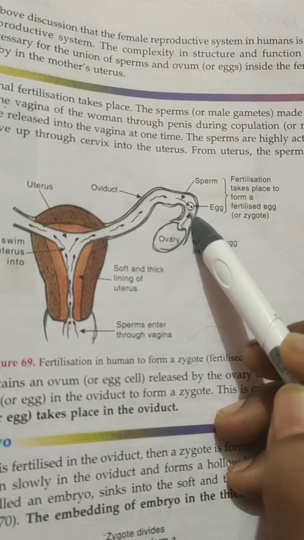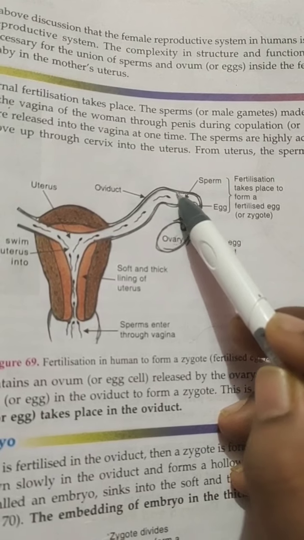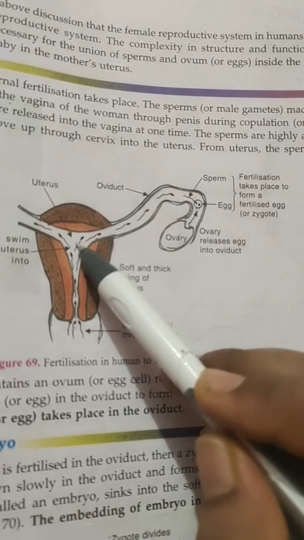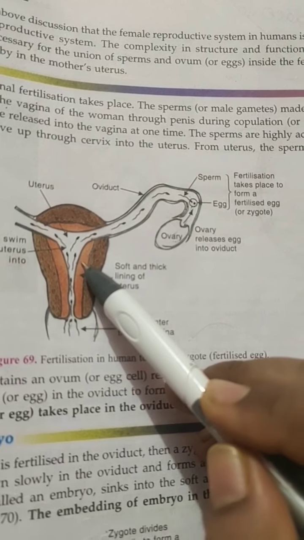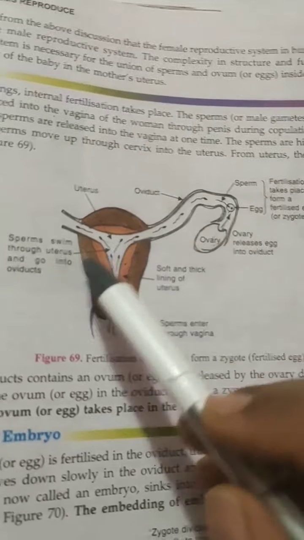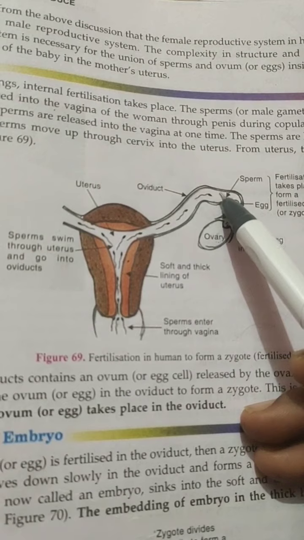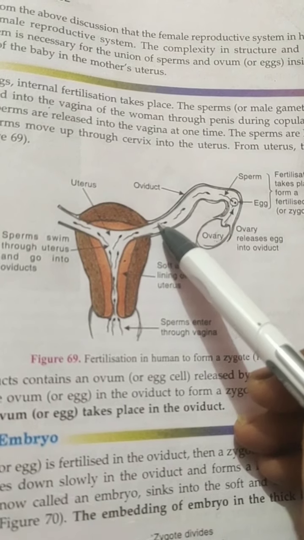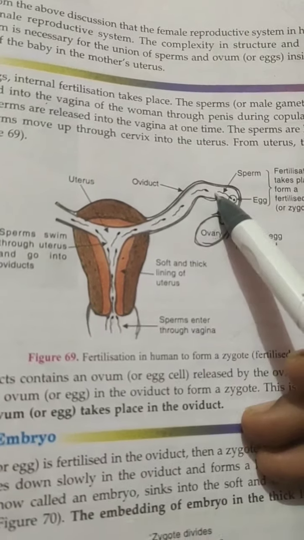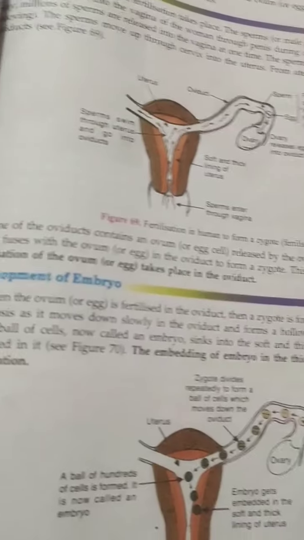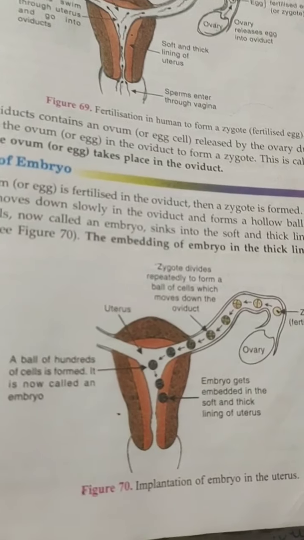Then this zygote travels from here to here, and it attaches to the uterus lining. The sperms can go through the oviduct because they are motile, having a tail so that they can swim. Now after the fertilization, there is the development of the embryo.